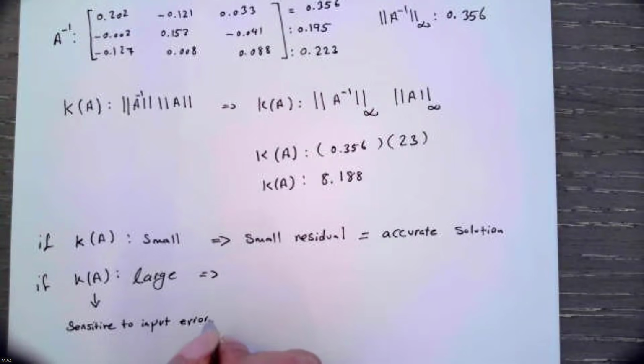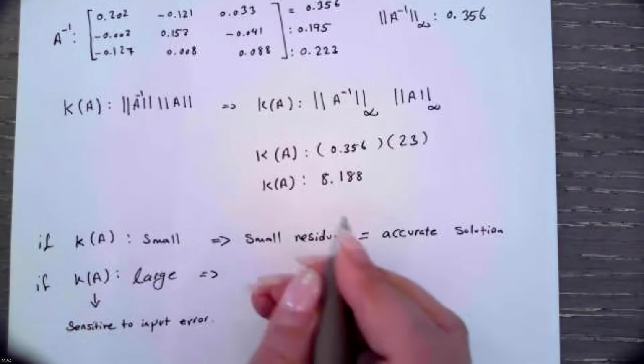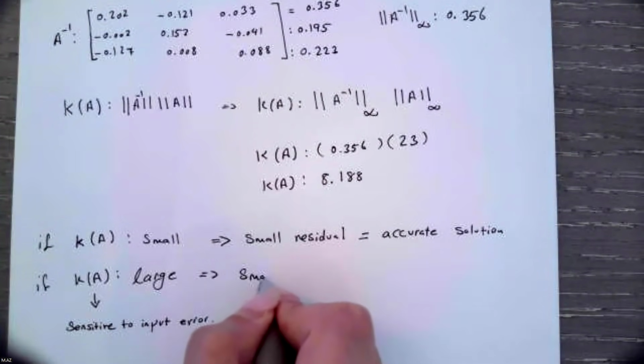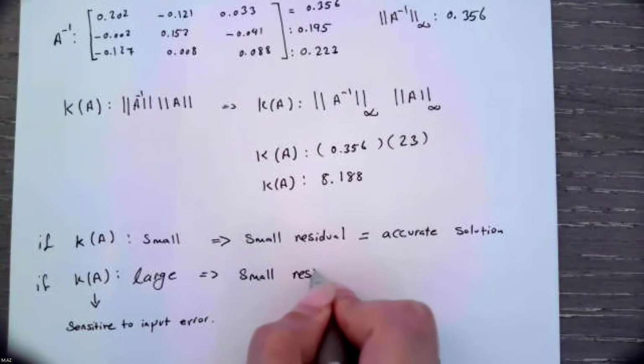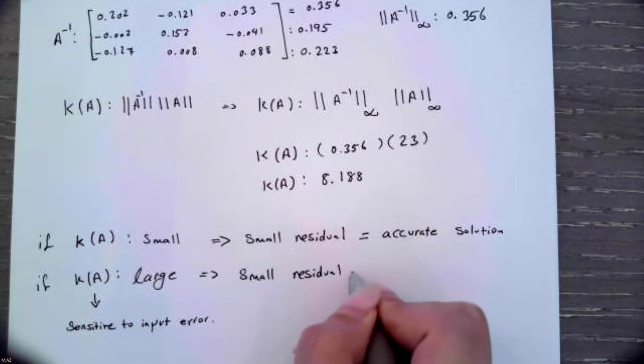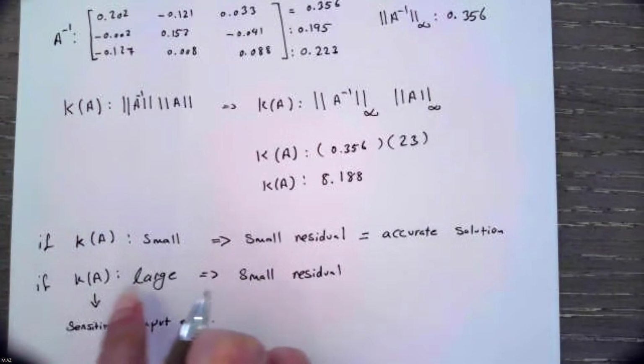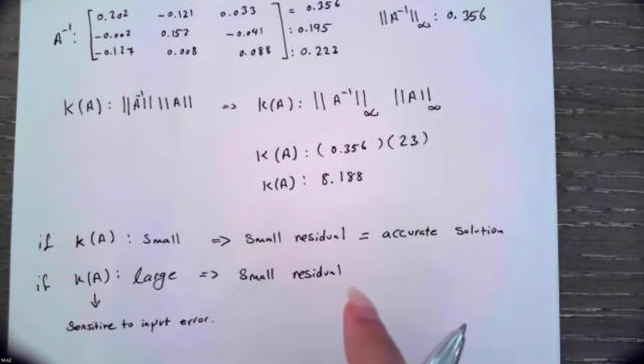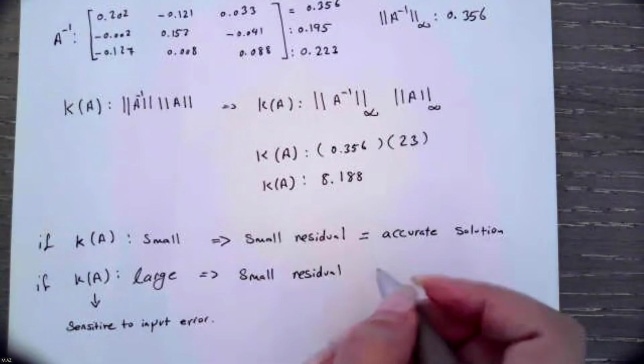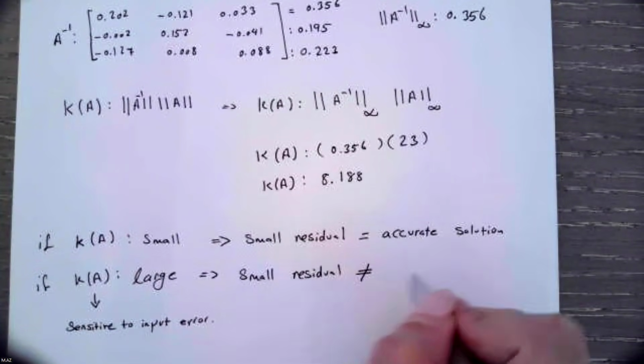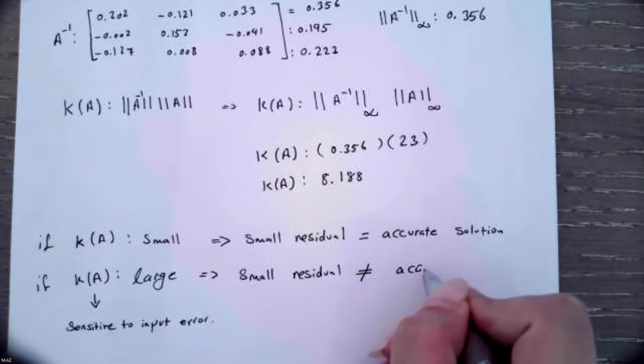For this reason, a small residual for the system of equations, once the conditioning number is large, doesn't show we found the accurate solution.